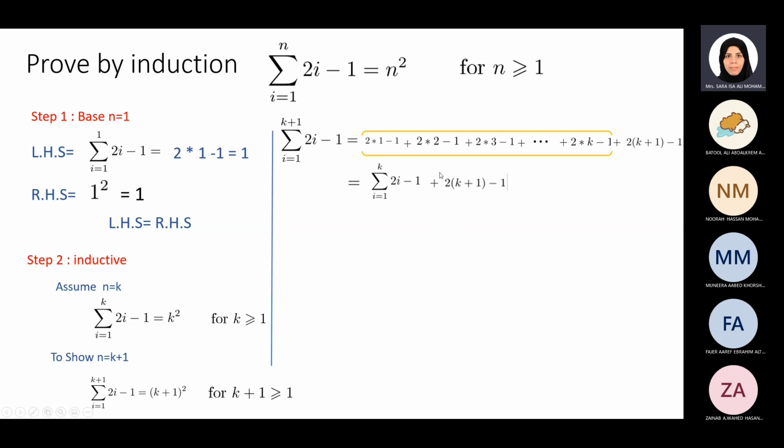Now from the assumption I know that the summation from 1 to k is equal to k square. So I will just remove this and put k square instead. Plus, I will distribute the 2, so I get 2k plus 2 minus 1, which is equal to k square plus 2k plus 1. This is a perfect square, k plus 1 all squared. So I proved it.